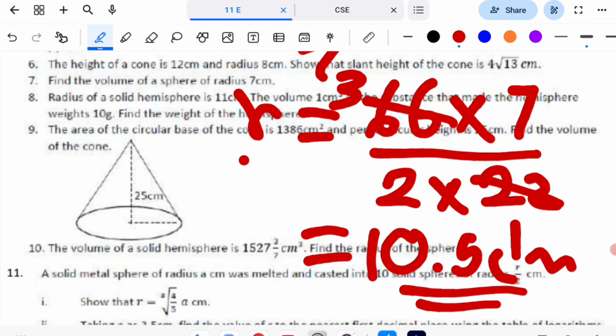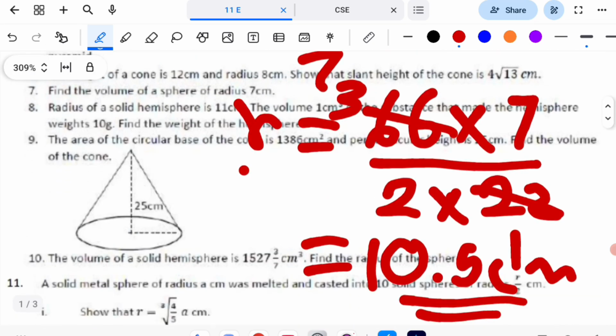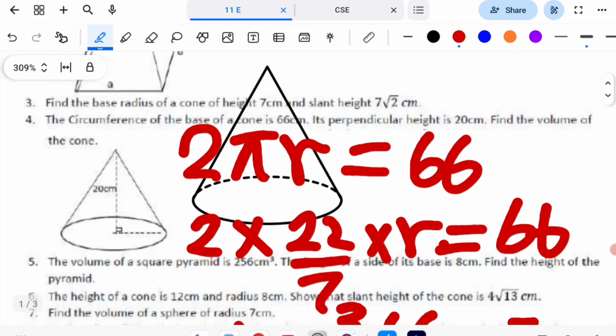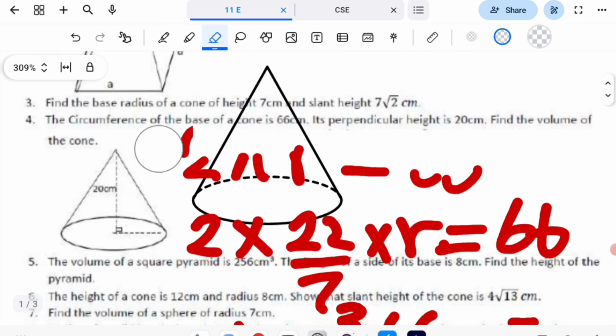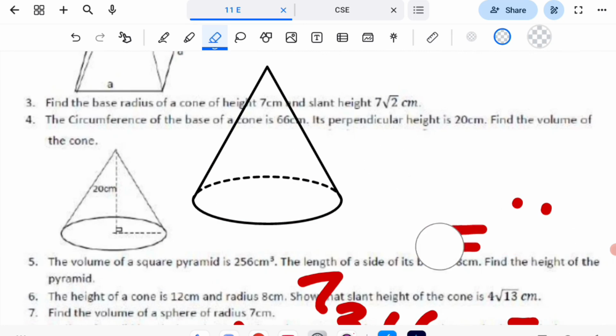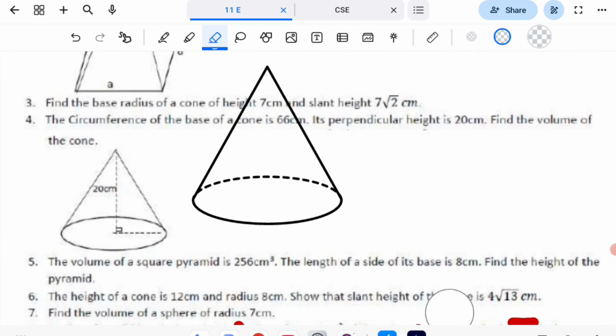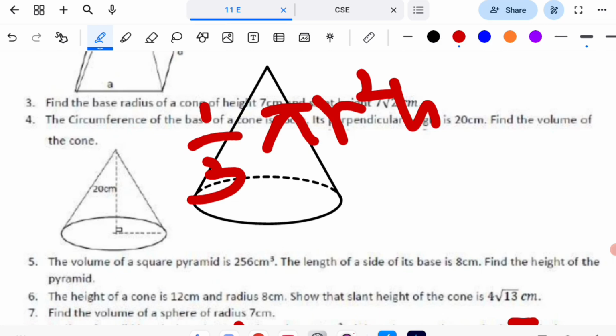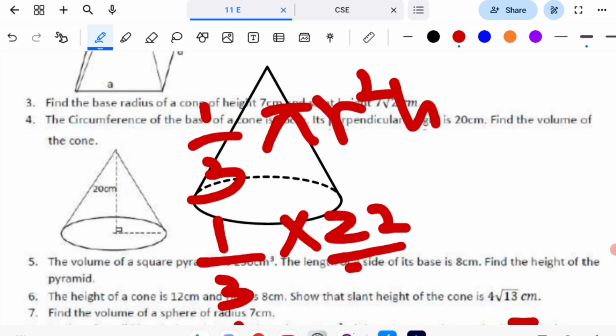It is the radius. Now we can find the volume. Then I will write the volume equation. Volume of cone is 1 over 3 pi r squared h. 1 over 3, pi value 22 over 7.